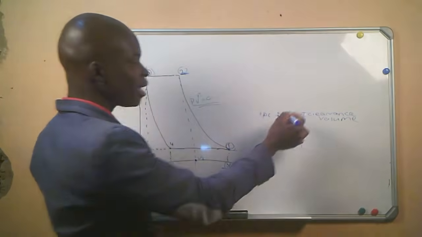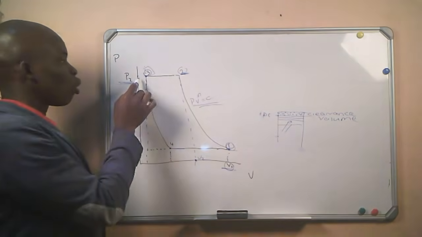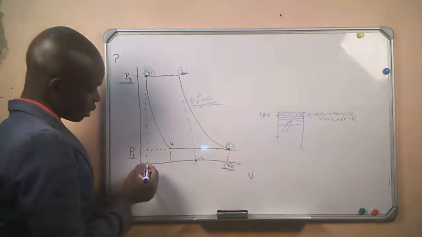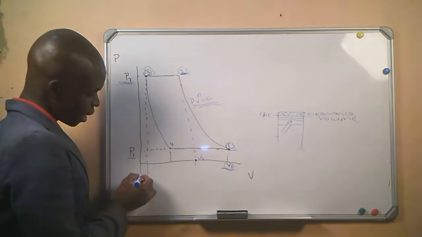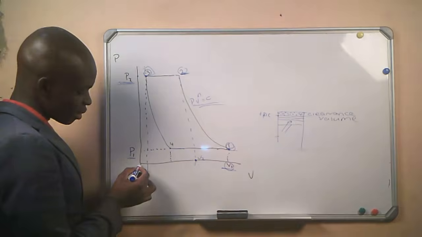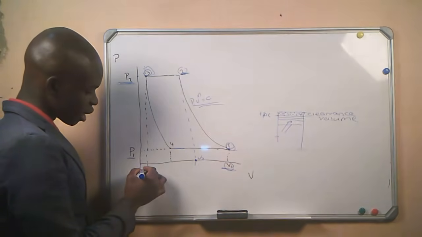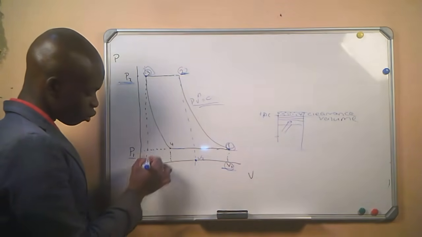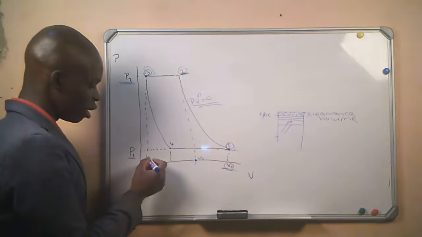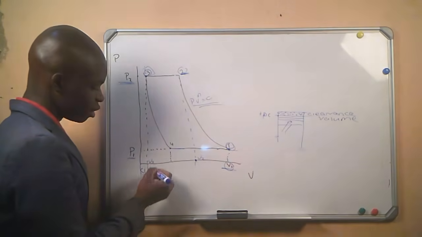The air in the clearance volume is the space represented by the air that remains in the cylinder. It is called the clearance volume, which is CV, and our volume here is V3.